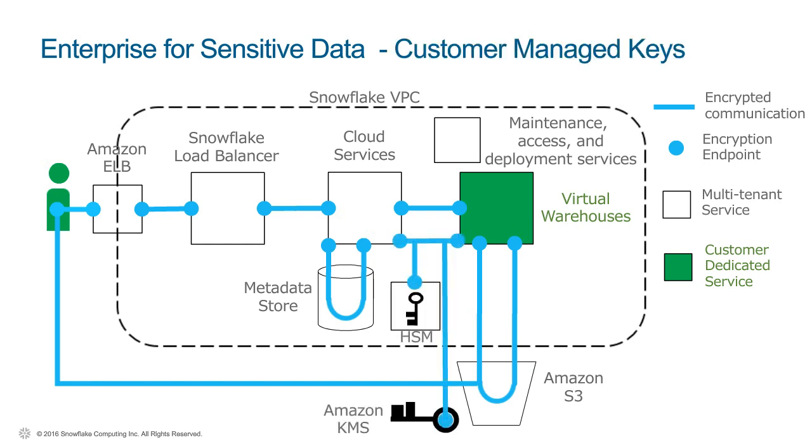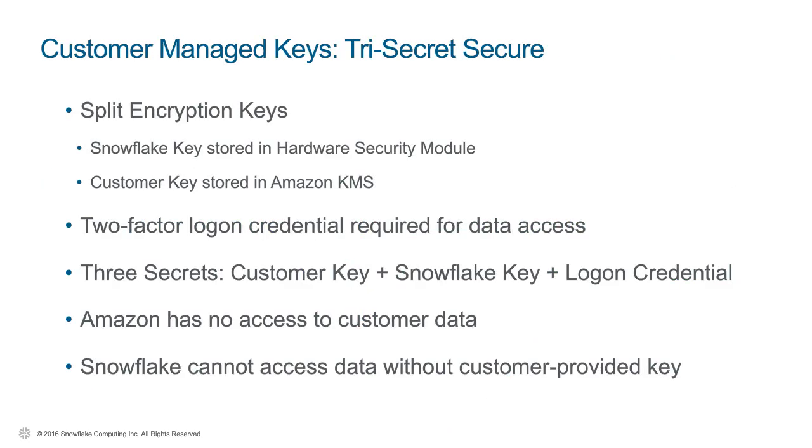In addition, customer-managed keys have been implemented within Snowflake Enterprise for Sensitive Data. With customer-managed keys, the encryption keys are split, and part of the key is stored in the Snowflake-managed HSM, and the customer key is known only to the customer and is stored in Amazon's KMS.